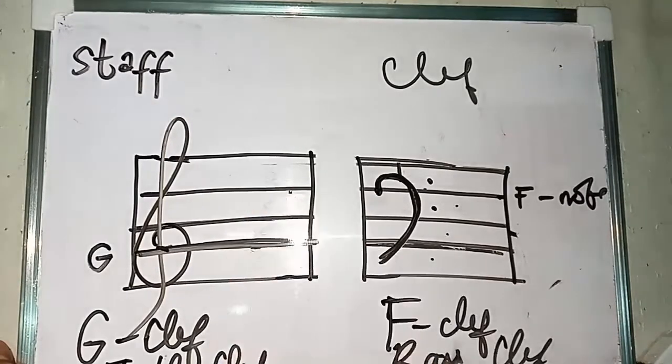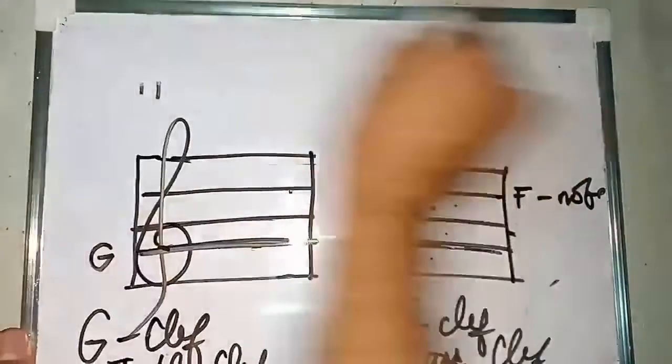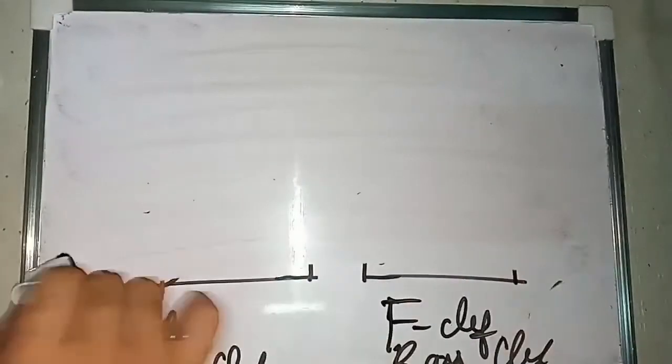Each line and space of the staff has a particular tone with its corresponding pitch name. Pitch names are letter names derived from the first 7 letters of the English alphabet. Pitch names also have their corresponding tone names or solfa syllables. We will draw two staves for two different clefs.